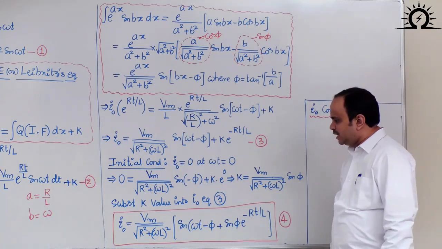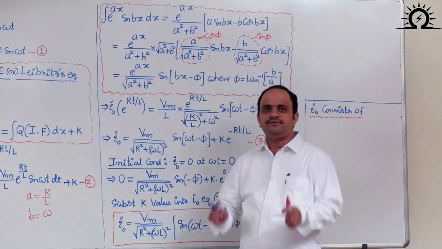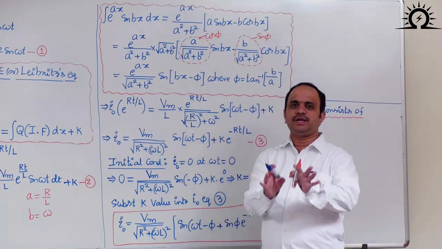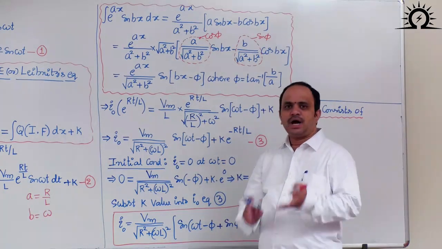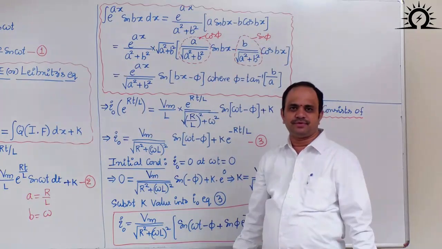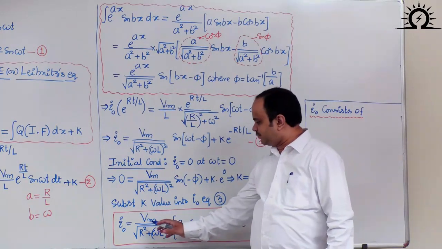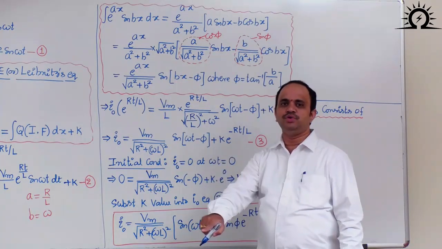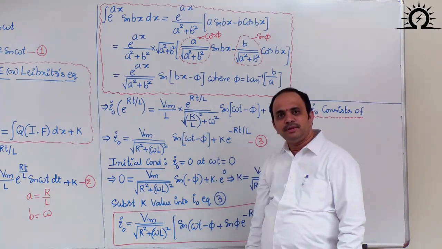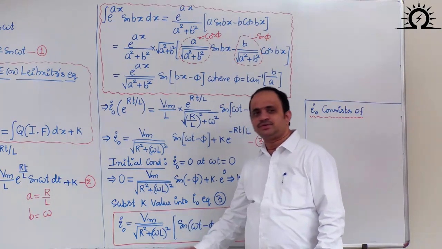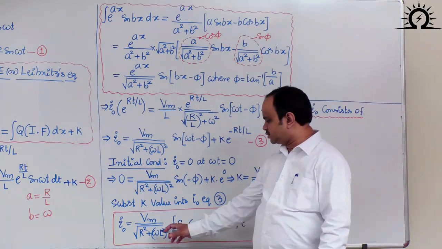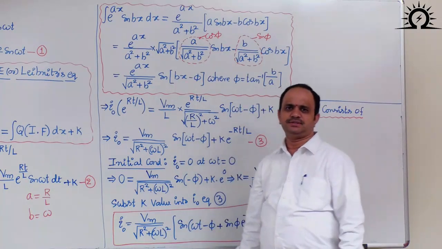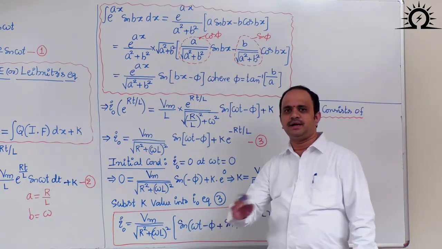Now observe carefully. If I give you one particular circuit, I will give you source voltage information, isn't it? Therefore the Vm value is a fixed value. I will also give you the load parameters. What do you mean by that? R and L values are also fixed. Anyhow, the sinusoidal source frequency is 50 Hz, so omega will be 100 pi.